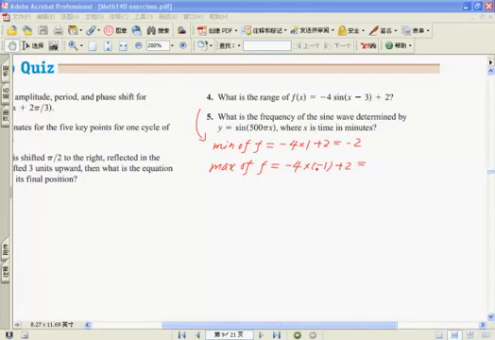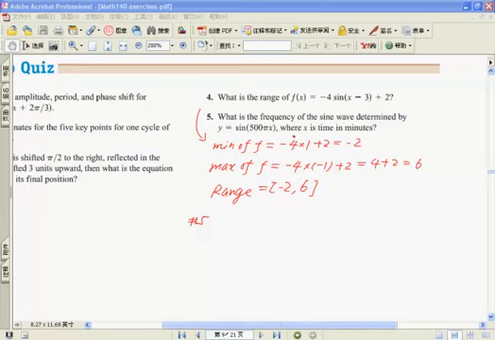So the maximum of this function f is equal to 4 plus 2, which is 6. Then we get the range of this function: the closed interval from negative 2 to 6.